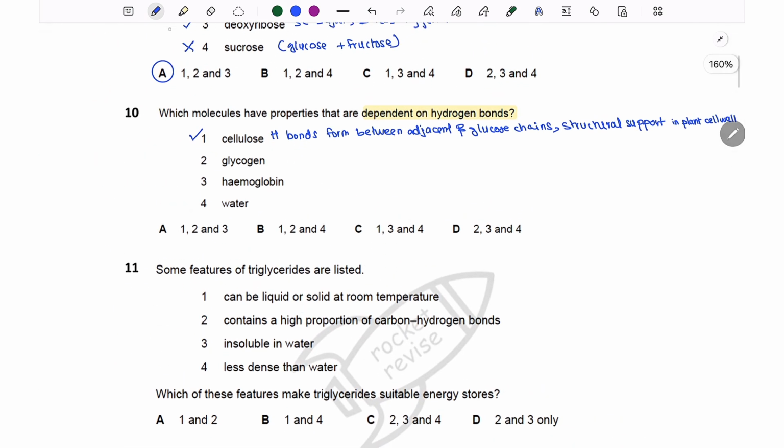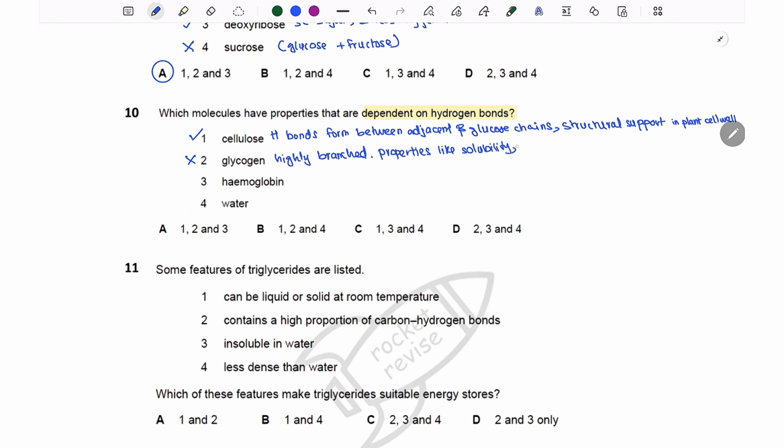The next one, glycogen, is no, because it is highly branched. That is one thing. It is highly branched, and its properties like solubility and how compact it is are not really dependent on hydrogen bonds.